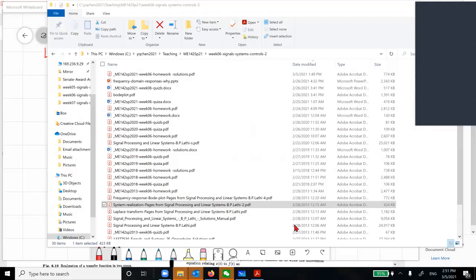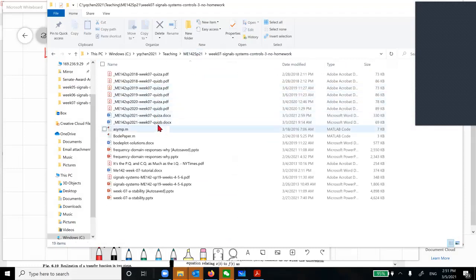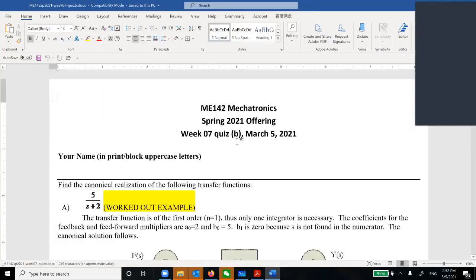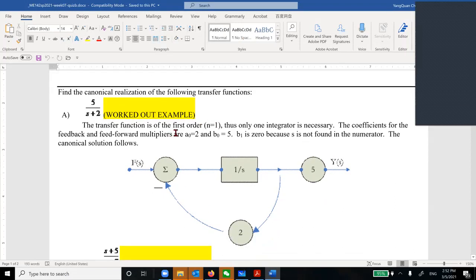So let us check our quiz, week 7, quiz number 2. In this quiz, basically, I want you to try realization. Say I give you a worked-out example here. You have F as input, Y as output.